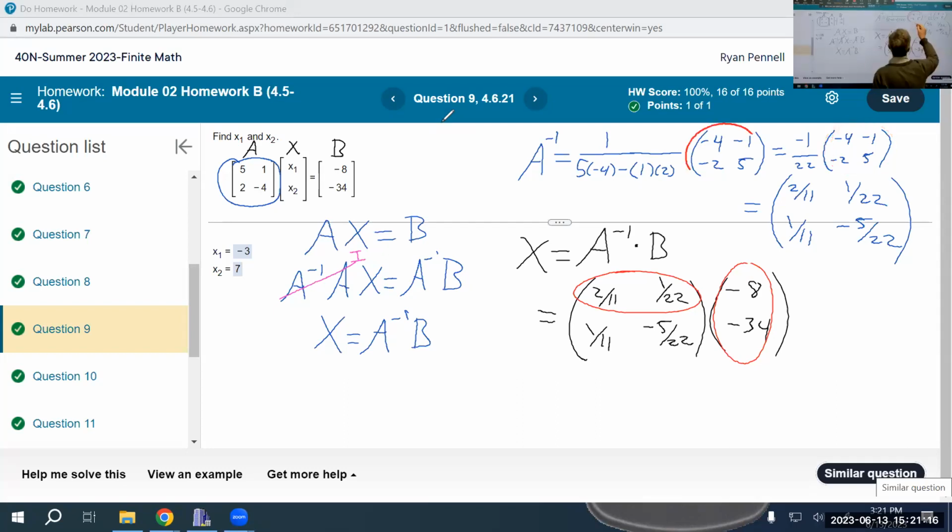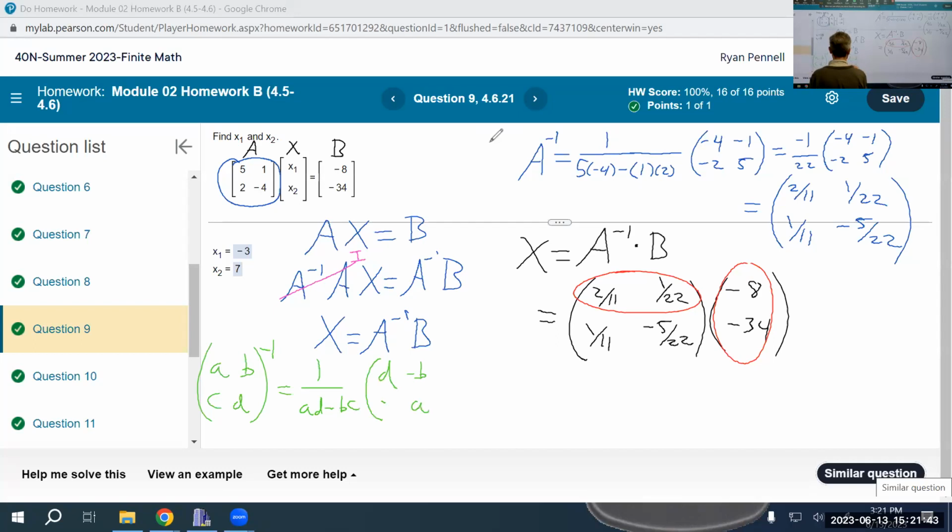That came from the formula I showed earlier. If you have A, B, C, D, the inverse of this is 1 over AD minus BC, times D, A, -B, -C. That's where I got it. Thank you.